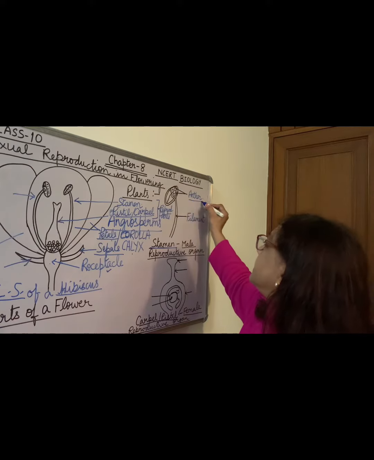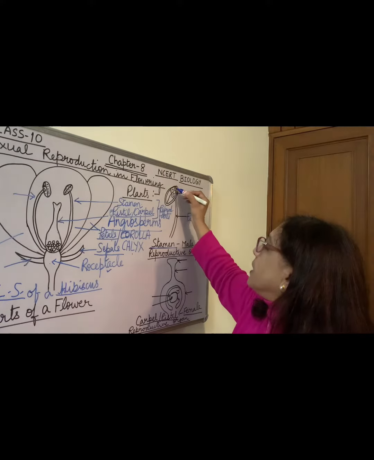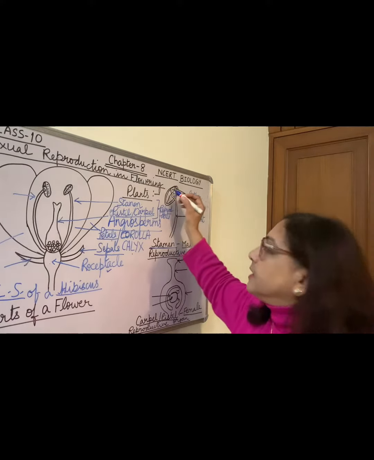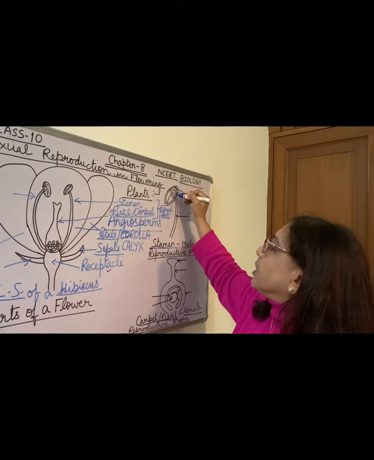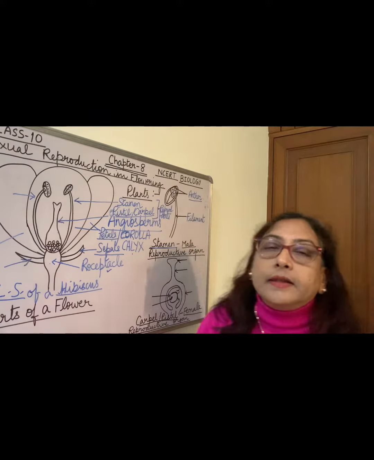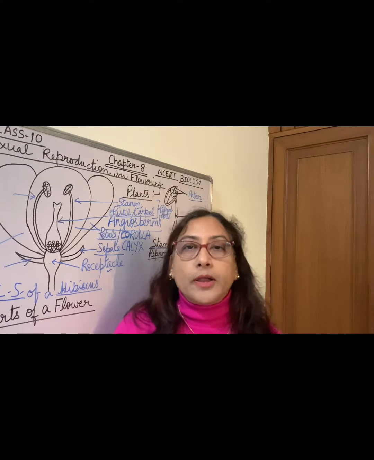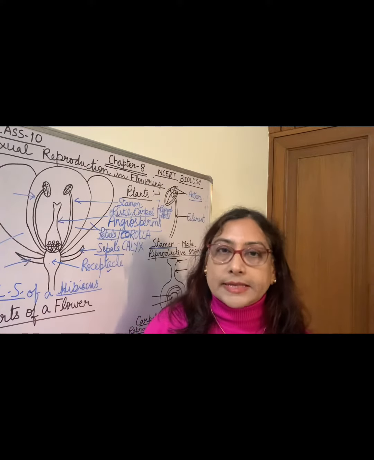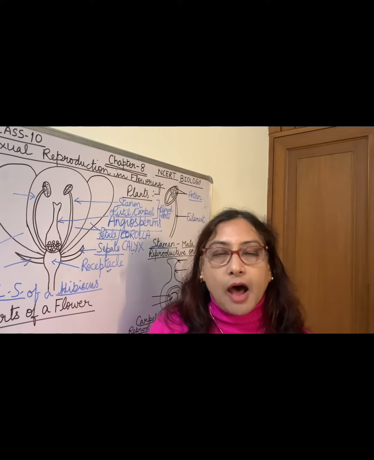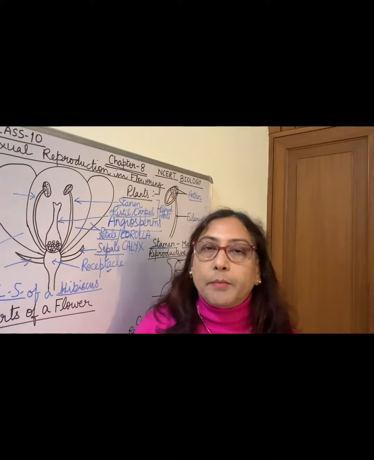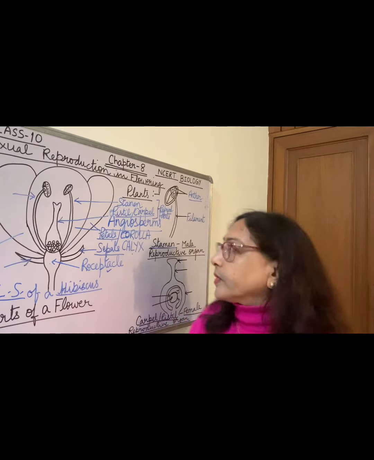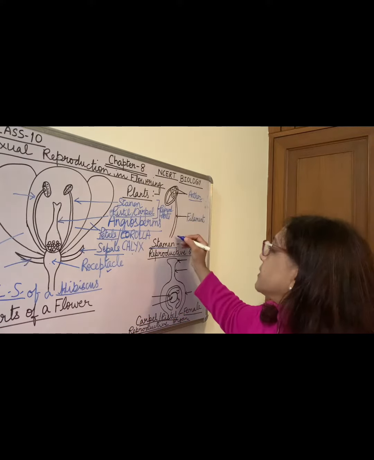Now this anther contains pollen grains. Here the anther has been cut open to show the pollen grains. Pollen grains are the yellow powdery substance which we see in the flower, and each pollen grain contains a male gamete. So this is the structure of the stamen.